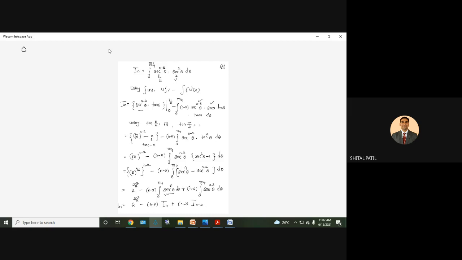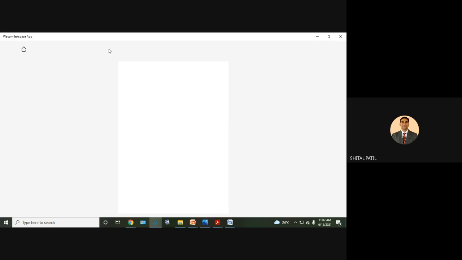So now I'll take In to the other side. So we have like this, page number 9. In plus n minus 2 In equal to 2 raised to n minus 2 divided by 2 plus n minus 2 In minus 2.